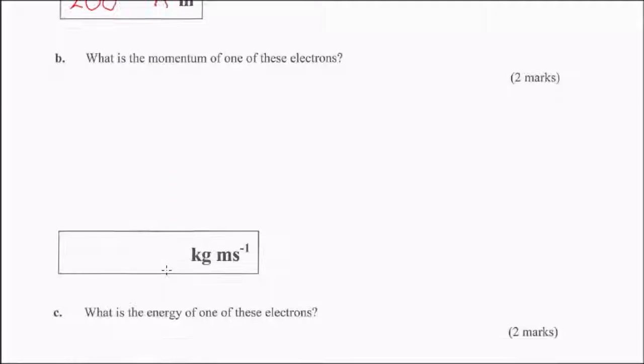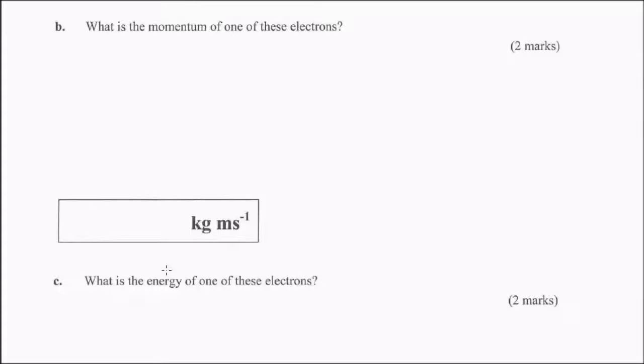What is the momentum of one of these electrons? All you have to do here is use the formula that relates the wavelength and the momentum. For a particle, that is p equals h over lambda. So we just put the appropriate values in there. When we're working with momentum, we have to use the SI units, which are joules.